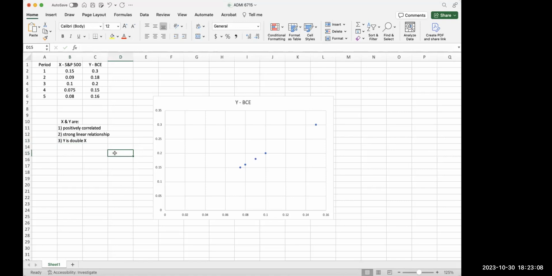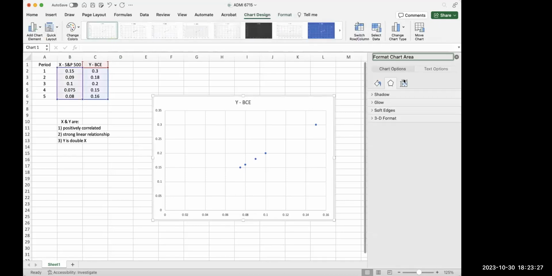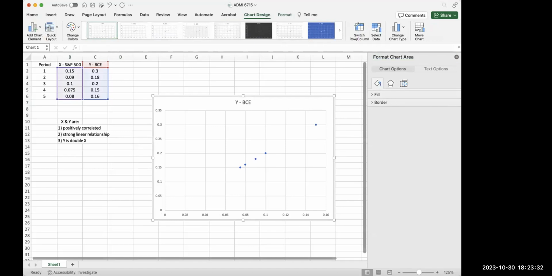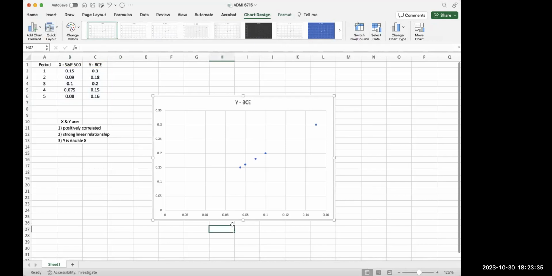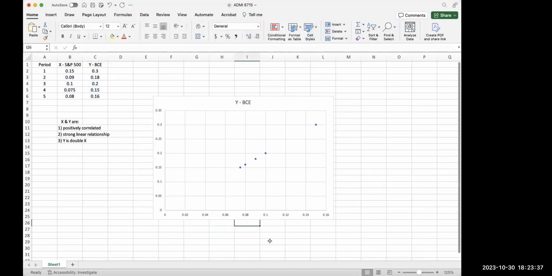Now note, I didn't do this arbitrarily. I assigned X as S&P because I'm trying to say something. Okay, I put S&P on the horizontal. So even though I don't have my legend here, I can put it in. I don't remember how, but there's a way to put it in. I won't mess with the Excel right now. But so this axis is going to be called the market returns, or the S&P 500.